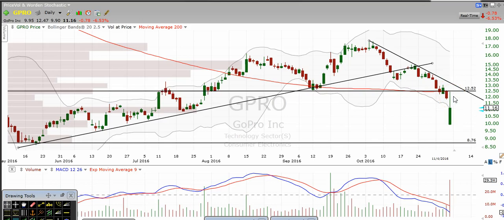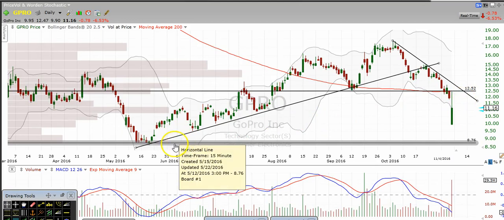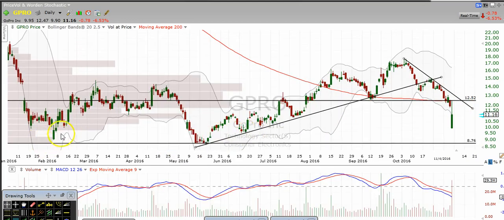So that is a level of resistance, and I believe GoPro still has lower to go. More than likely, it's eventually going to retest these lows down here near about $9. You can see it tested it here as well as right here. So we'll see what happens. We'll keep updating you on this chart as the price progresses.